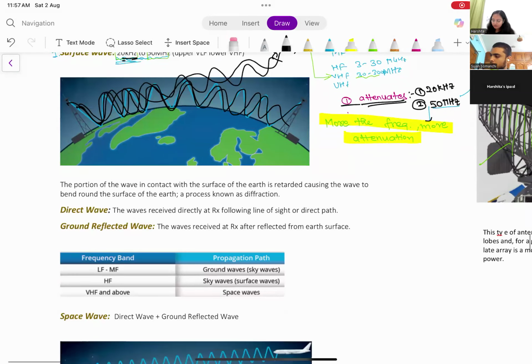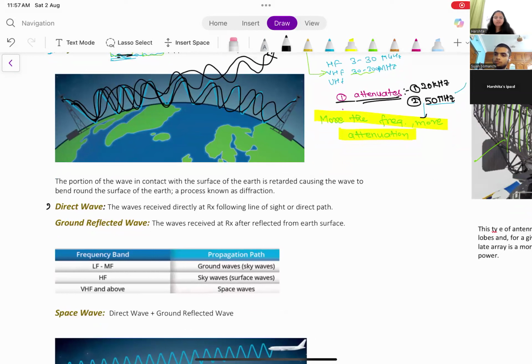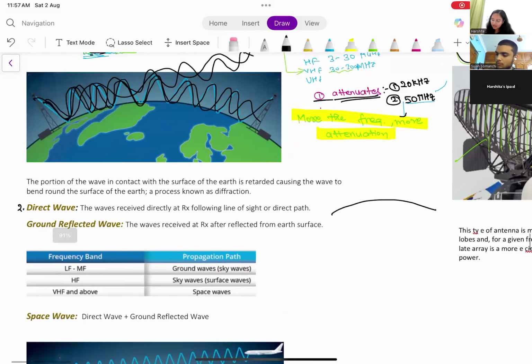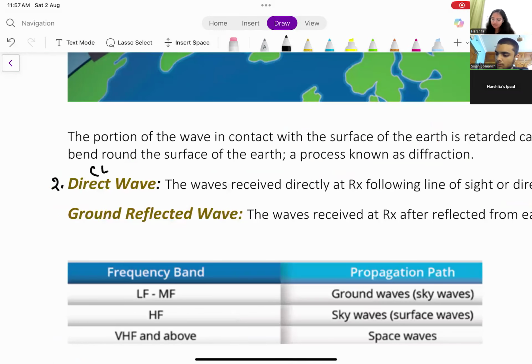Next type of waves under the non-ionospheric propagation is the direct wave. Direct waves are also known as the line of sight waves, LOS. What do we understand by a line of sight? That means we can see the wave with the eyes. Like the direction in which we are looking, we can send the waves.